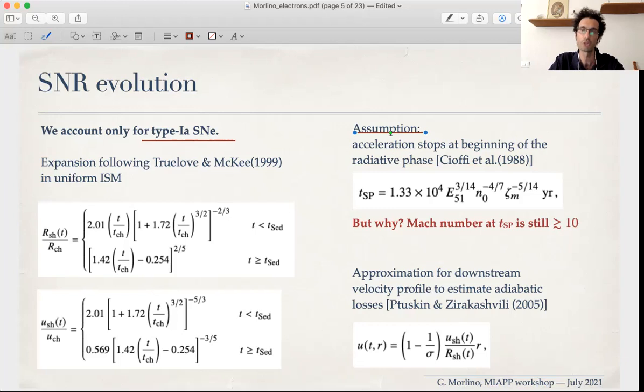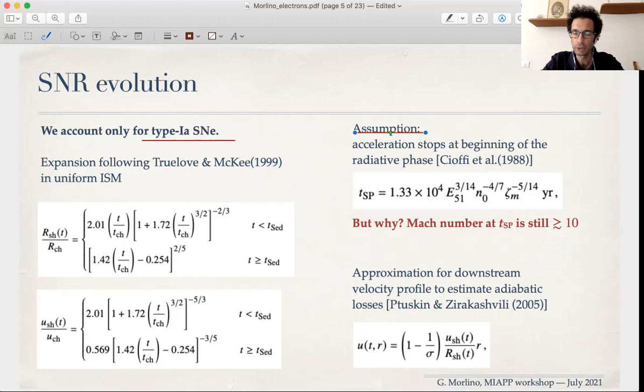So people usually assume that during the adiabatic phase, the efficiency of acceleration drops dramatically. But it is still an open question if this happens, and if so, why it is happening.